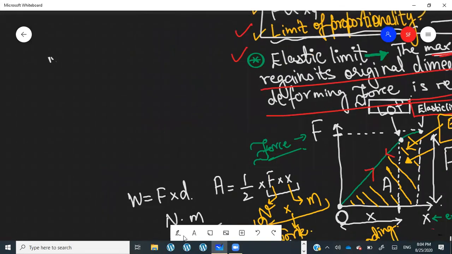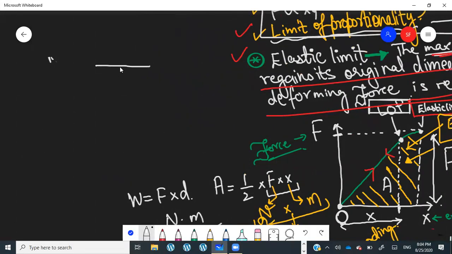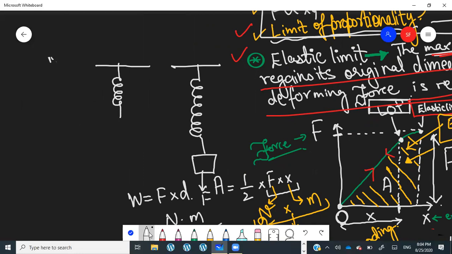So basically, let me give you a diagram over here. This is your spring. And let's assume that after attaching a weight to it, we did some work on it. This weight had a force downwards. And the distance that this force made the spring move downwards is x.